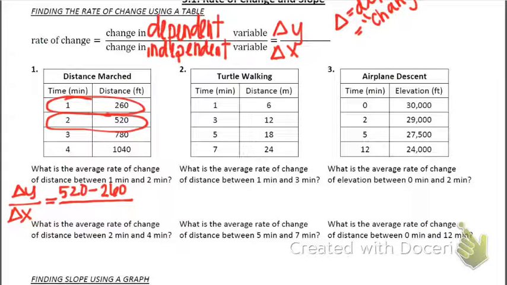Now here's the thing, guys. Your x's need to be in the same order that we listed our y's. So because I did 520 minus 260, I have to do 2 minus 1. Okay?